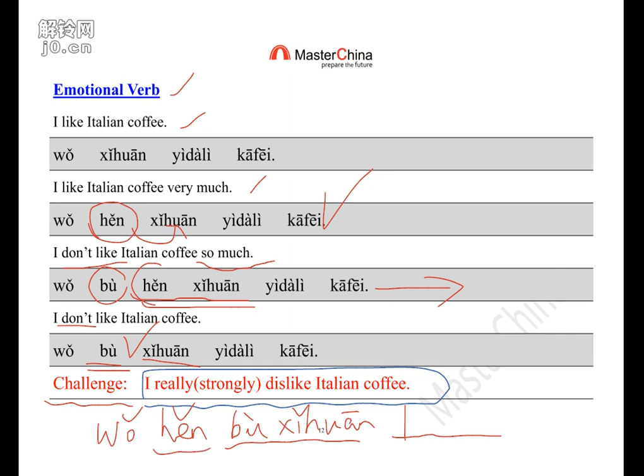A little bit confusing, right? But if you think about the degree of people's emotion, you understand it. One is a little bit, not so much, and one is not like. But another one, I really stress, I hate something, I don't like it. So I put the degree of my dislike. So that's why we put the 很 before 不.